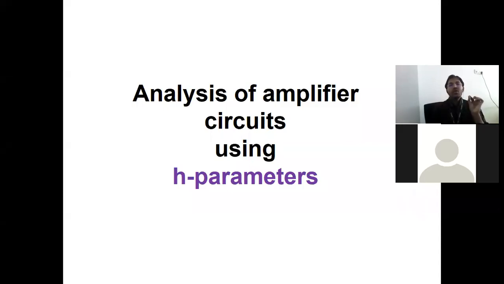So how do you analyze your transistor based amplifier circuit? Very simple. You take the equivalent of your transistor and replace the transistor with its equivalent circuit. Now that circuit you can analyze by using KVL and KCL. Very simple, but a lot of analysis.